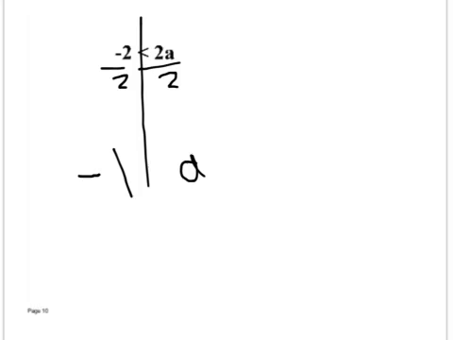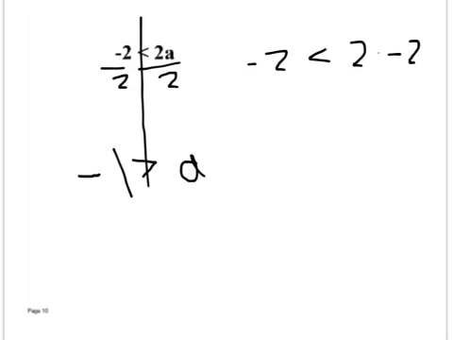Do I keep it or do I change it? No, change it. Okay, she says change it. Let's check it. What's a number that would be smaller than -1? -2.